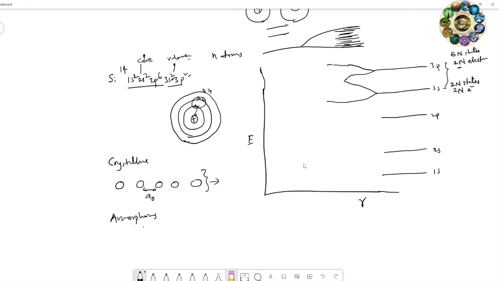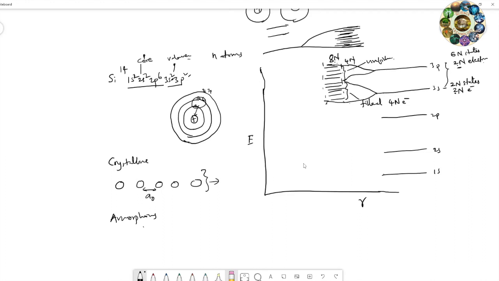So when these bands merge, there are filled states with 4n electrons, and these are unfilled states. There are 4n filled states and 4n unfilled states, a total of 8n states. So in these 8n states, the bands are merged, 4n states are filled and 4n states are unfilled.